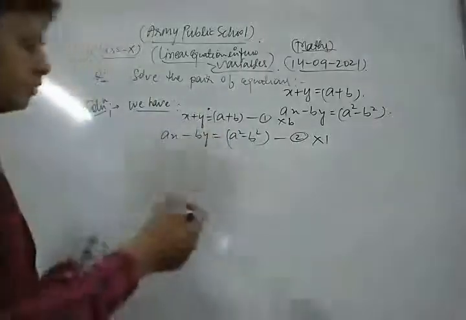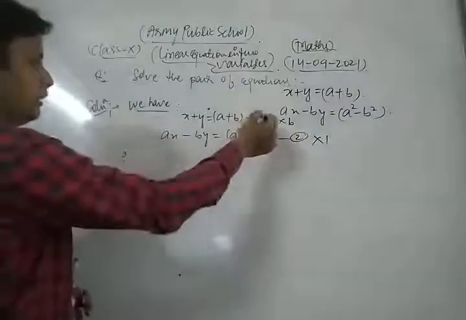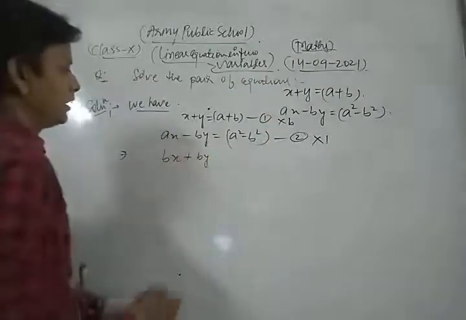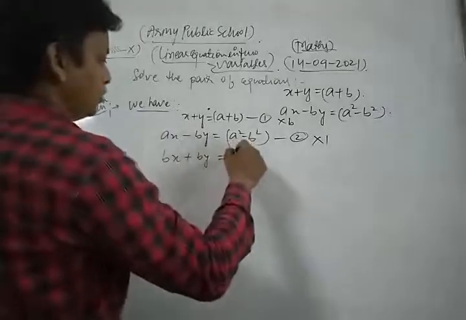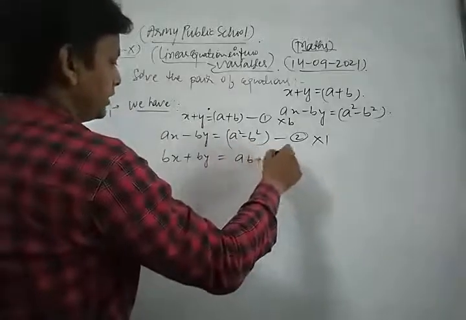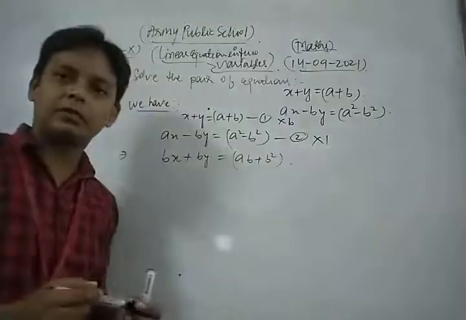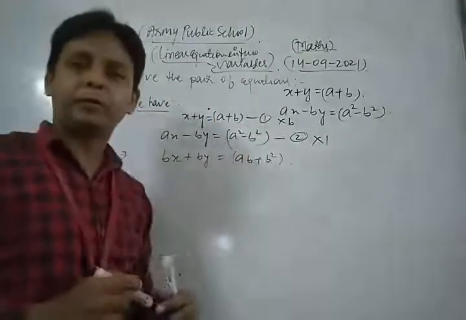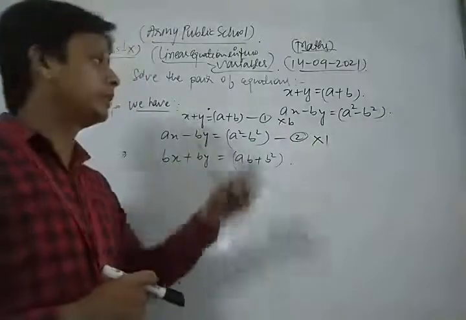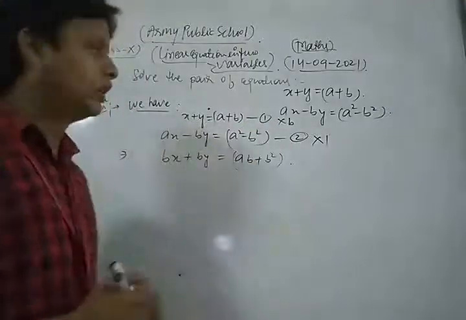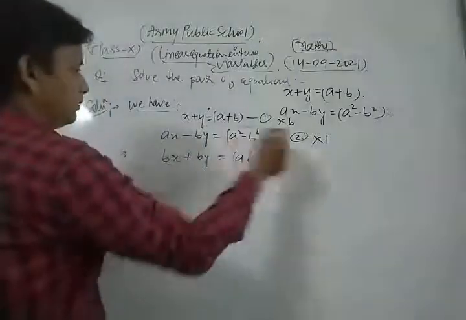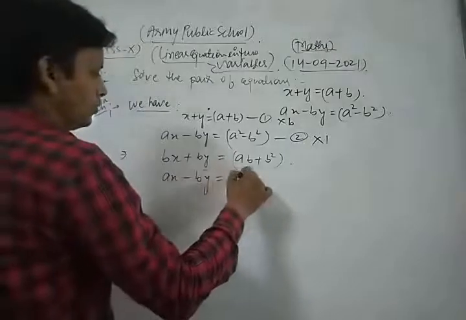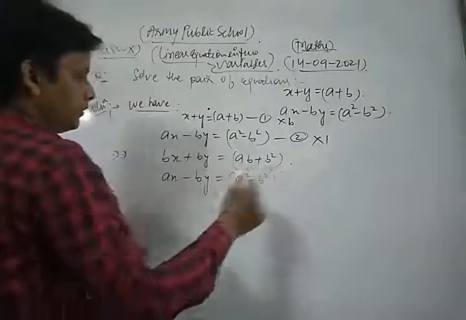So look what we get. If we multiply equation 1 by b, then we get bx plus by is equal to ab plus b square. Now we multiply the second equation by 1, so we write it as it is: ax minus by is equal to a square minus b square.